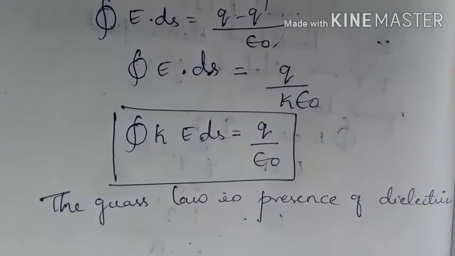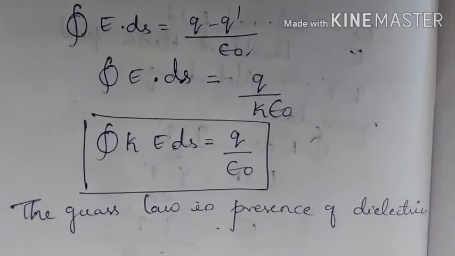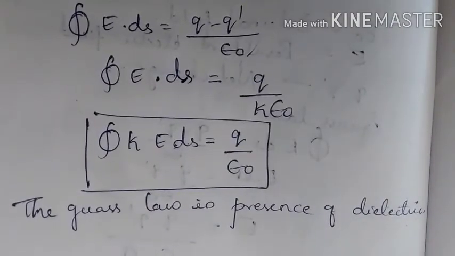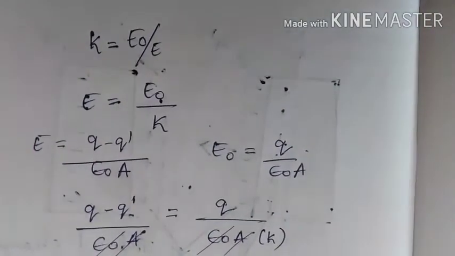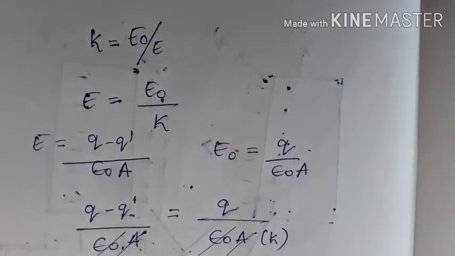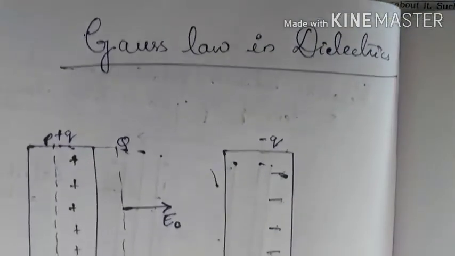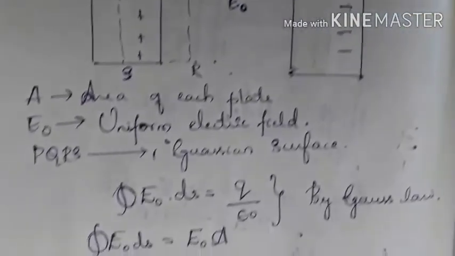So we have understood the Gauss law in the presence of a dielectric. We have derived it by understanding the equation and the diagram. This is the Gauss law in dielectrics.